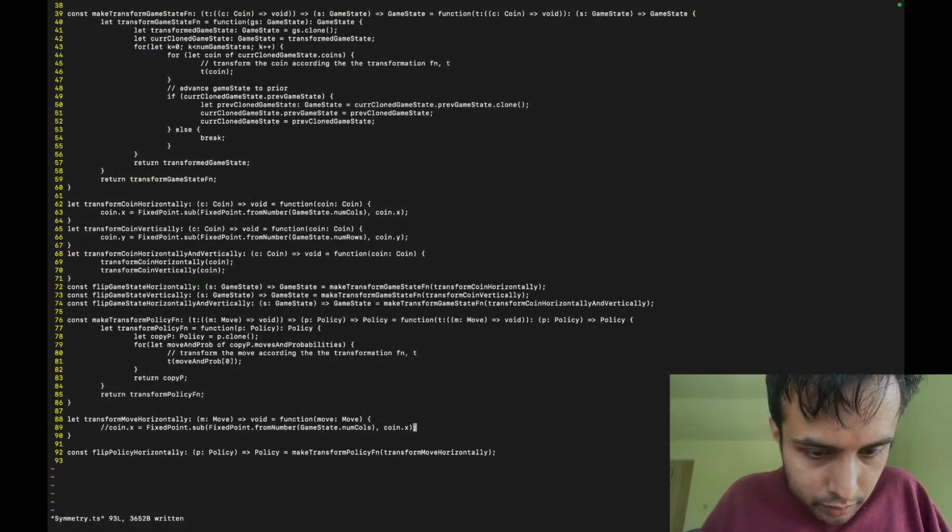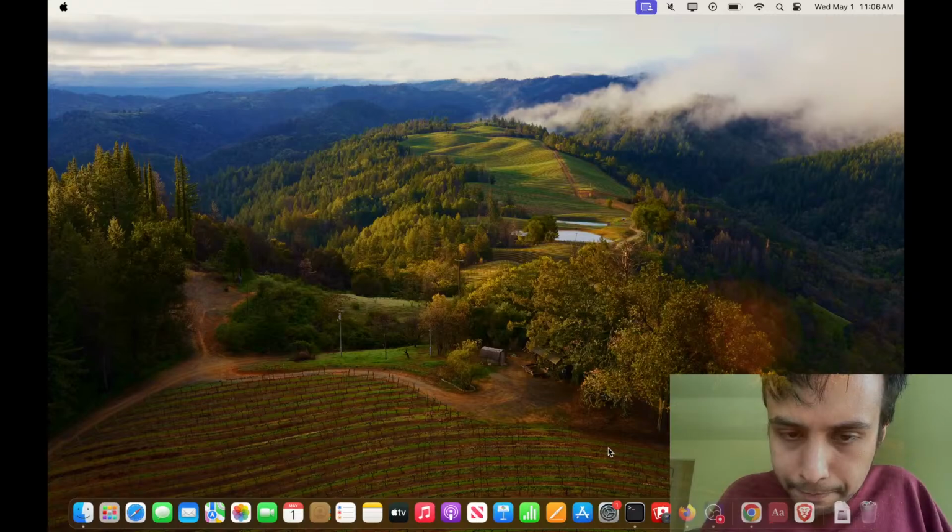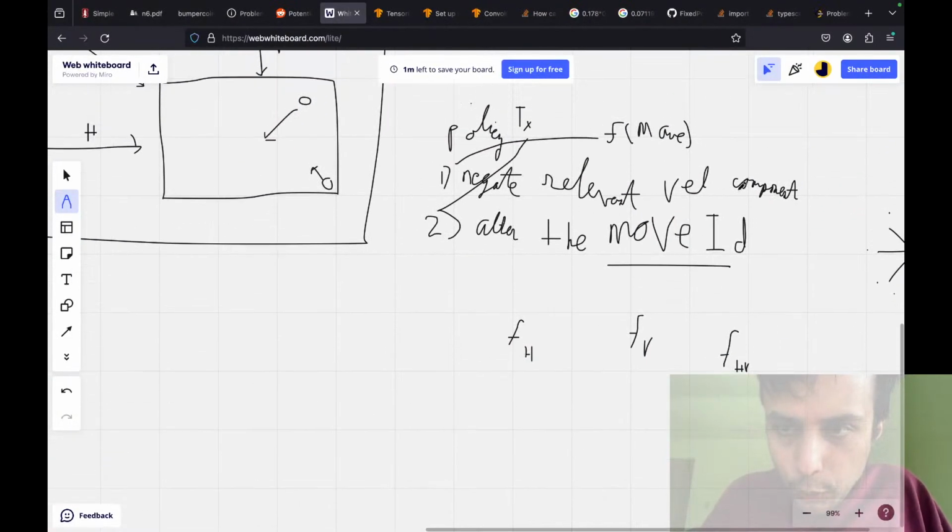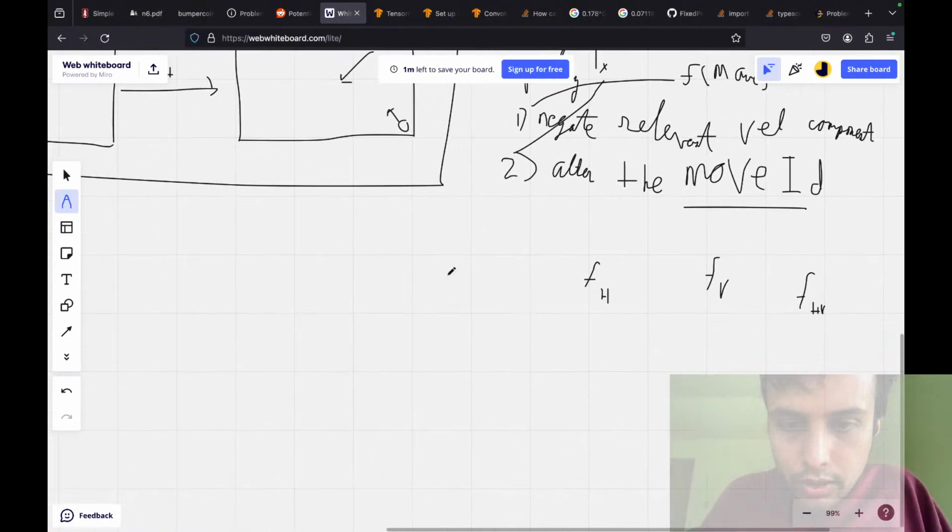So how do we do that? Well, step one, negate the relevant velocity component. So here, what we have to do is Vx equals negative Vx, like times equals -1.